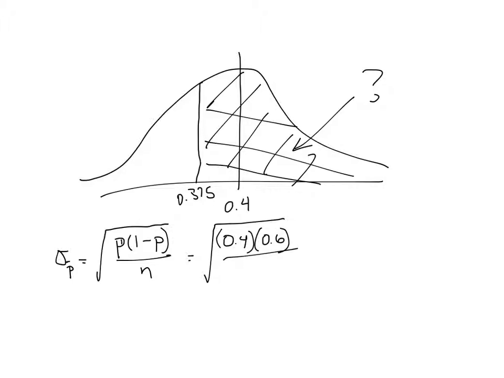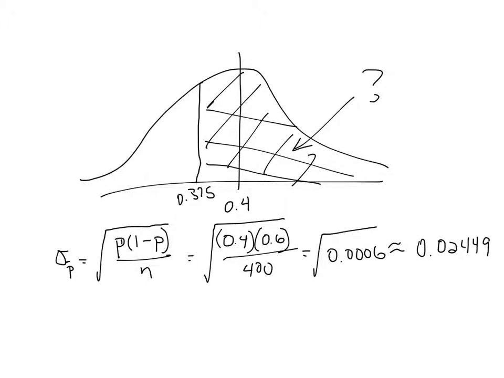And little n was 400 in our case. So that gives me a square root of 0.0006, which is approximately, because we're going to be doing a little bit of rounding here, 0.02449.